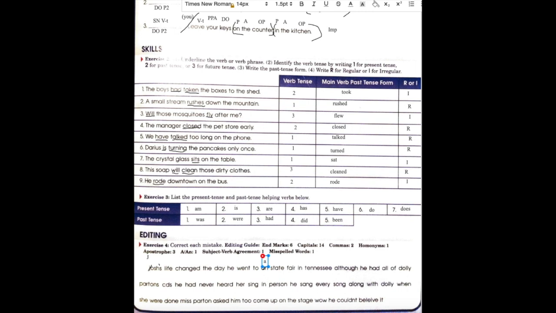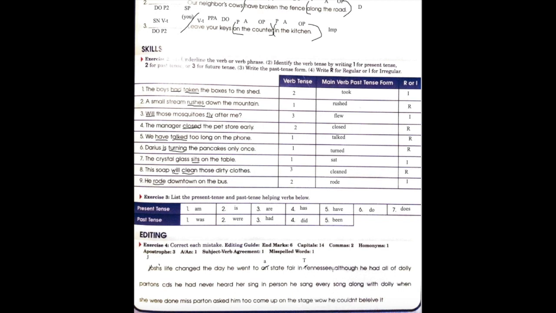Well, Tennessee has to be capitalized. It's a proper noun. And we need a period at the end of this sentence because this is a complete sentence here. Josh's life changed the day he went to a state fair in Tennessee, period.